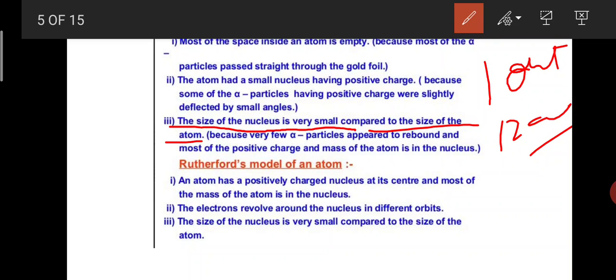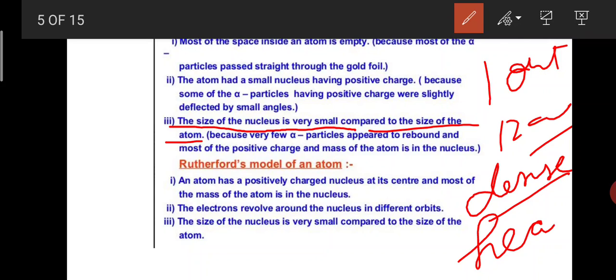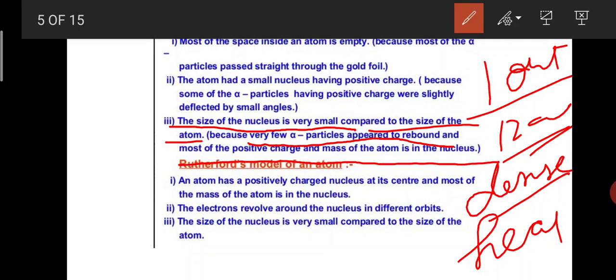And also, student, the nucleus of the atom is dense or heavy. That's why one out of the 12,000 alpha particles rebounds. A very few means 1 out of 12,000. And most of the positive charge and mass of the atom is in the nucleus.